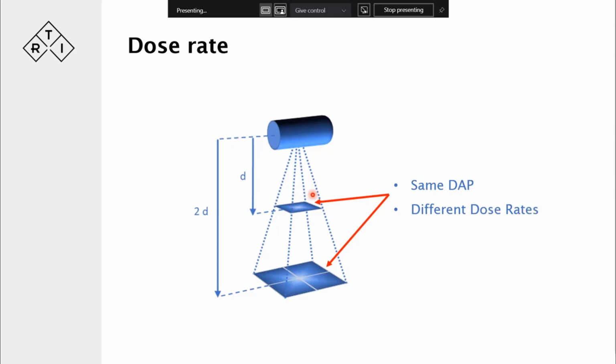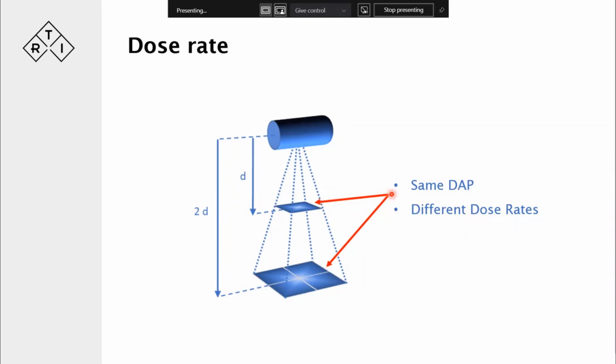So that's what we need to keep in mind. What are we actually measuring when we're using DAP? It is the DAP, the dose area product, which is a value quite different from dose alone or dose rate. So we need to watch out for that.